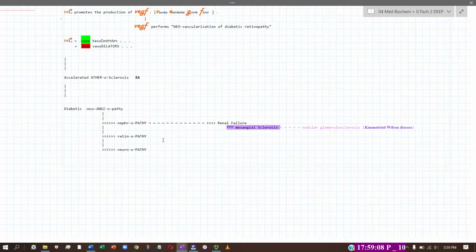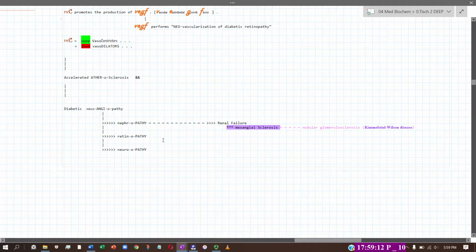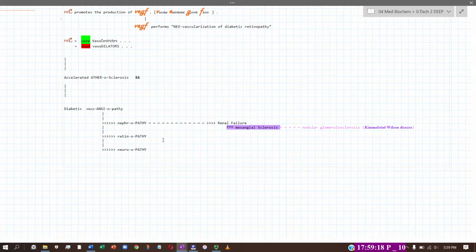The notes focused on nephropathy, and they mentioned that renal failure is related to this concept. Within that subtopic is something called mesangial sclerosis. I didn't go into details yet, but also keep in mind this other thing called nodular glomerulosclerosis.